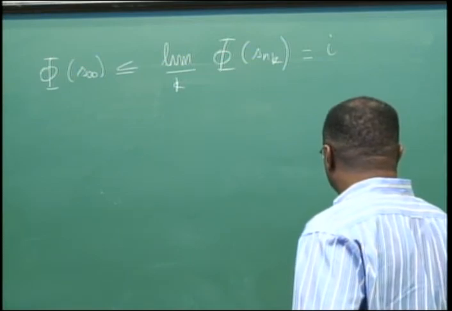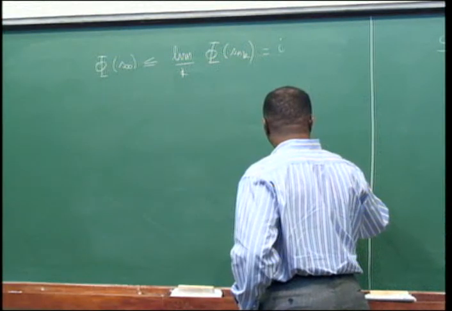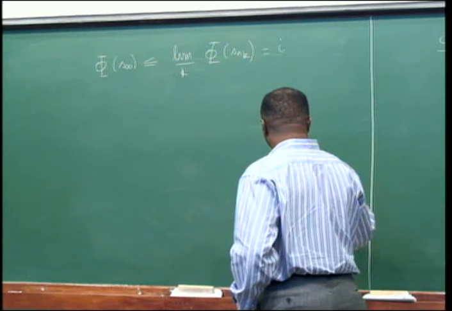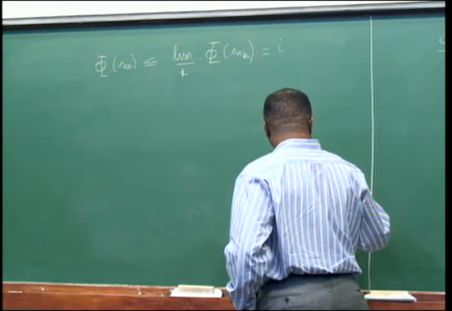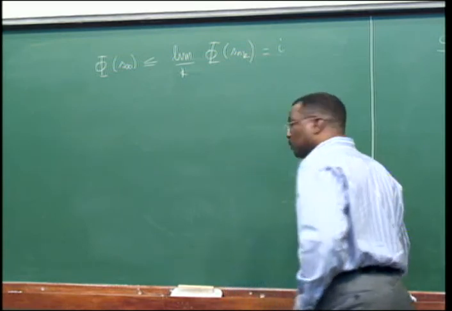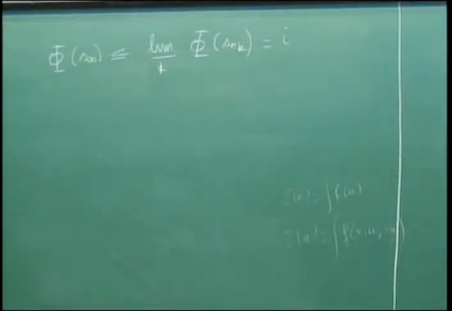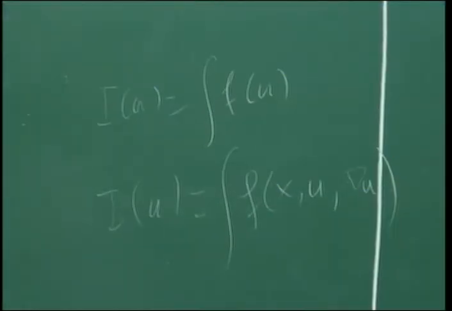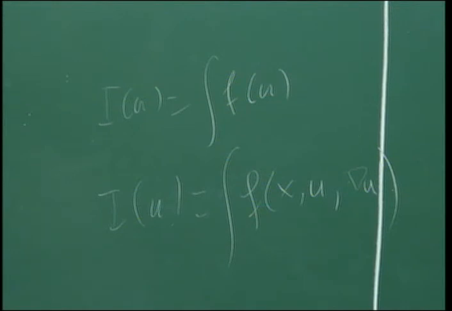I of u is the integral of f of u, or I of u is the integral of f of x, u, gradient of u, and so on. Under what condition on f can I say that this functional is lower semi-continuous? Because once I have lower semi-continuity, this is a guarantee for existence of a minimizer.